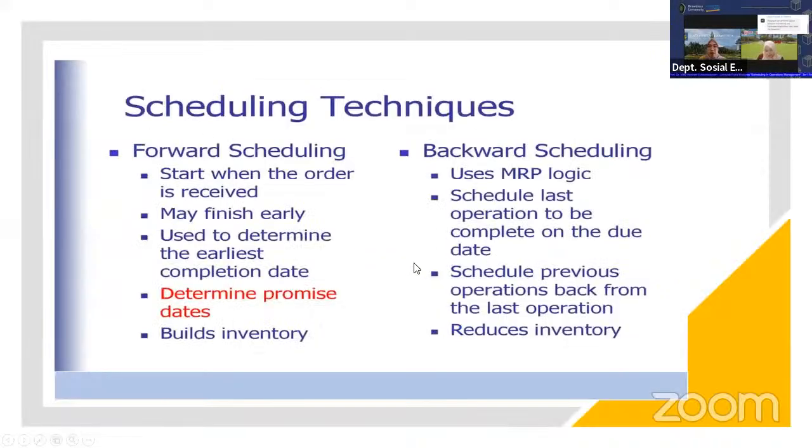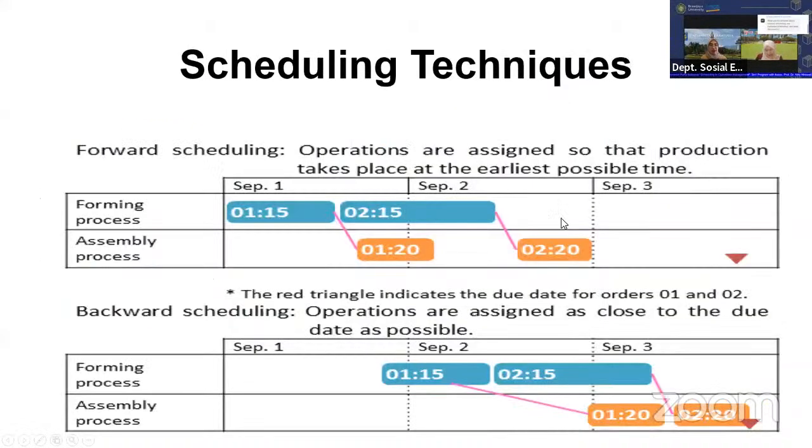However, for backward scheduling, the benefit is we can have the inventory in hand in our organization. But please do remember, the moment we have inventory in our organization, we need a dedicated storage warehouse.